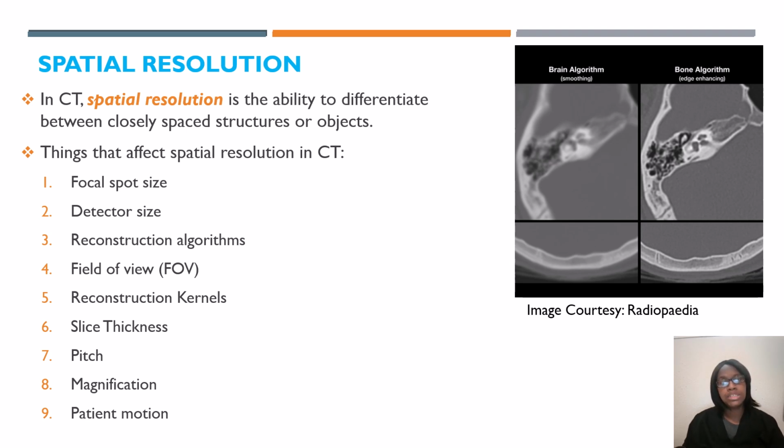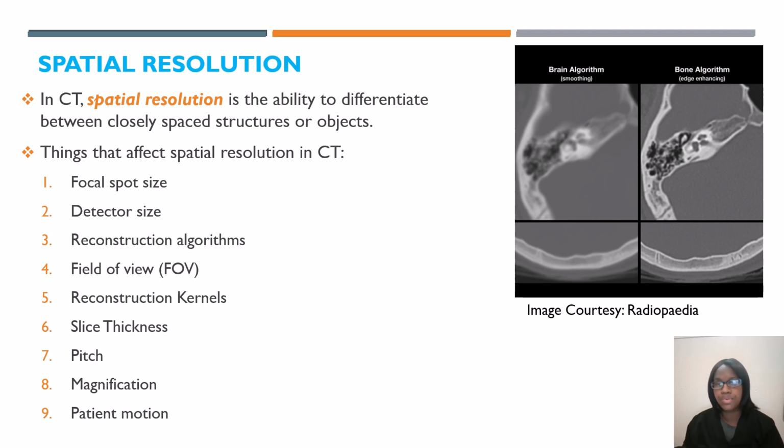In CT, spatial resolution is the ability to differentiate between closely spaced structures or objects. So as you can see on this picture, in one picture you cannot really see the details as well, going with the temporal bone, with the ear.